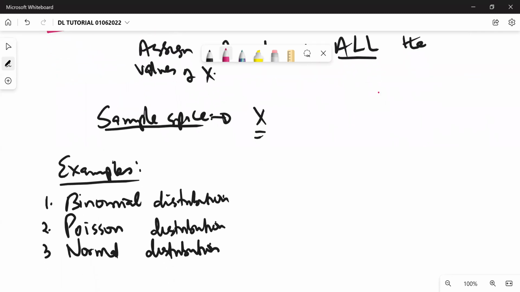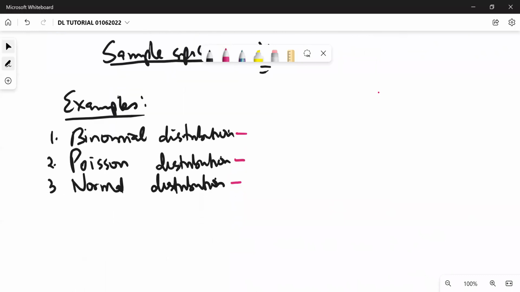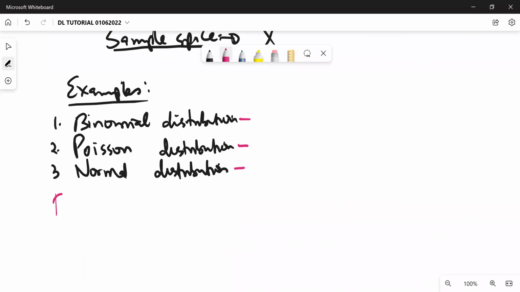The focus will be on the formula that corresponds to the binomial distribution, the Poisson distribution, and the normal distribution, because that is what we'll be using to help us calculate the probability of occurrence of given values of X. Okay, so let's talk about the binomial distribution.